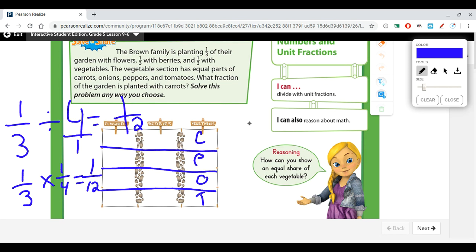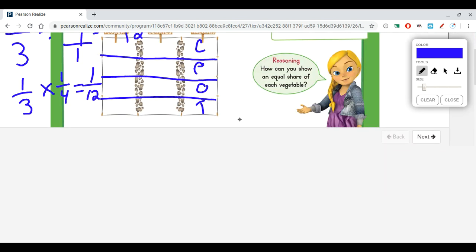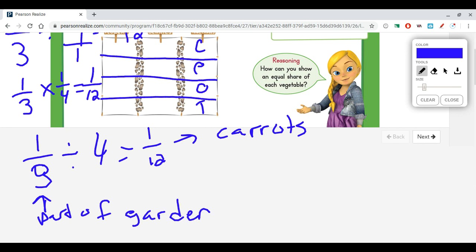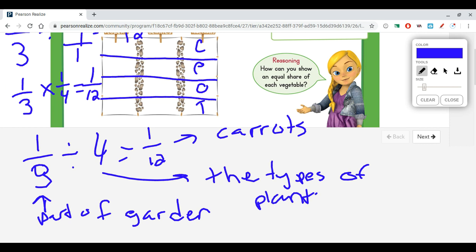And so if I rewrite this, 1/3 divided by 4 equals 1/12. This represents the carrots. This represents the part of the garden. And then the 4 represents the types of plants. And so that would be how my equation would look.